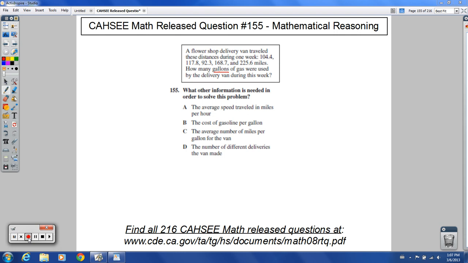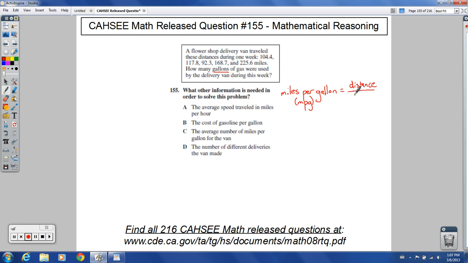So think of this problem like this. You have your miles per gallon. You may have heard of MPG before. That's miles per gallon. That's what that stands for. The word per in math refers to dividing something by something. So miles, this would be the distance, divided by the gallons.